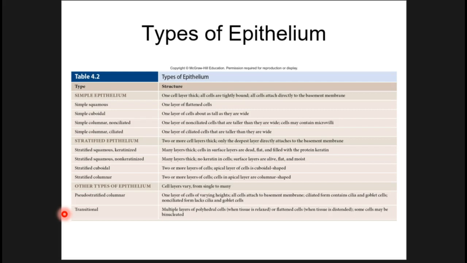And when it's empty, it's going to be kind of loose, and those cells on top are going to be kind of rounded. It is a stratified epithelium. There are many layers because it's going to be stretching out. It's got to be protected for that. When it's relaxed, the cells are going to be rounded. When it's distended and full of urine, they're going to be flattened out. So it transforms from a sort of cuboidal shape to a squamous shape. That makes it transitional. That's the transition.